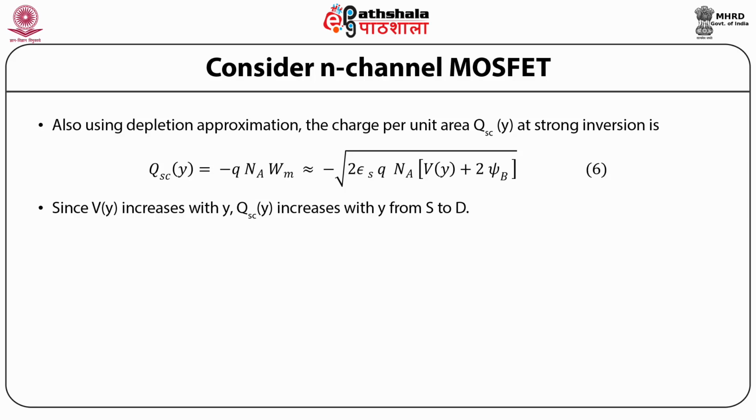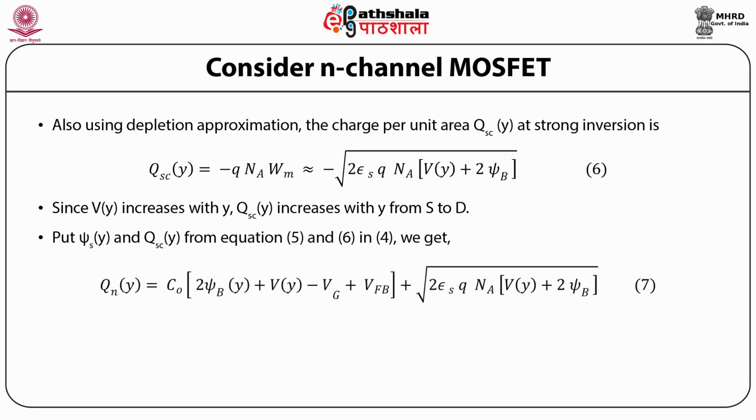So now putting the values of psi s inversion and Qsc in the equation for Qn, we get Qn of y equal to C naught multiplied by the square bracket of 2 psi b plus V of y minus Vg plus Vfp, square bracket close, plus root of 2 epsilon s q Na multiplied by V of y plus 2 psi b.